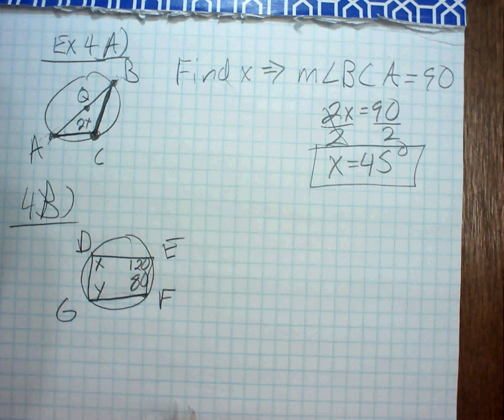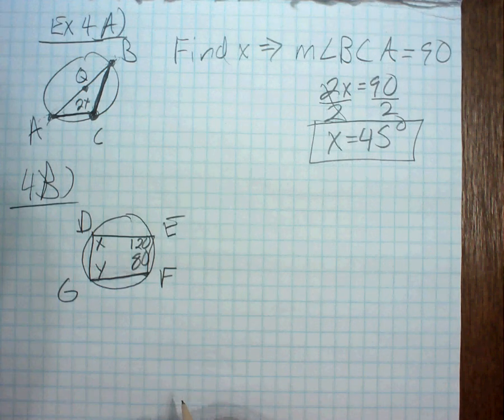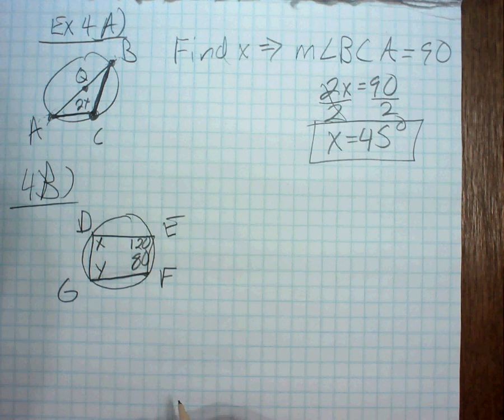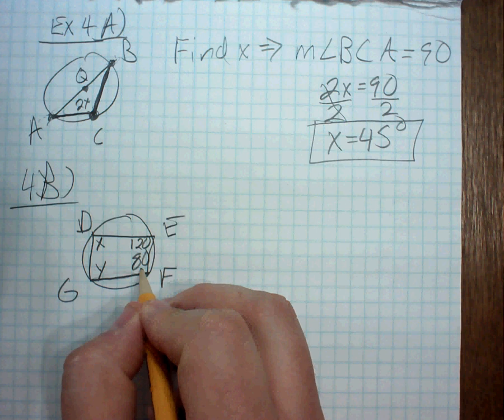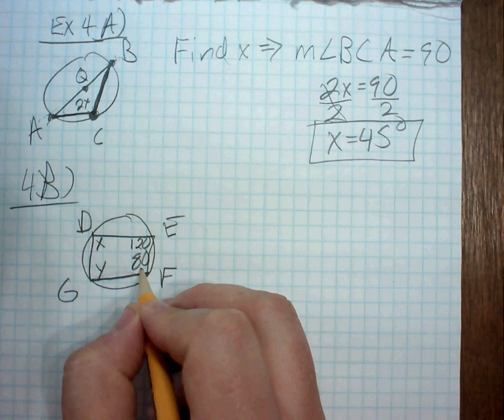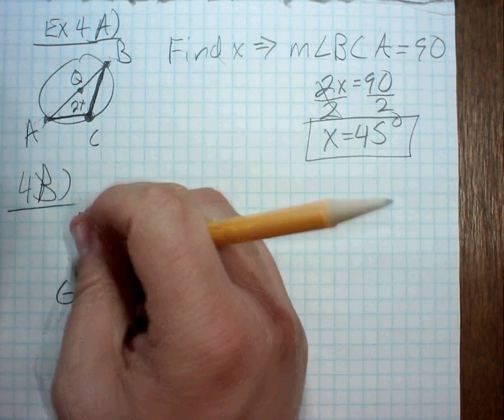And so we're asked to find D and G. Well, we just look at the opposites. I mean, that's really all we have to do. Oh, I wrote this down wrong. This is not X, this is Z.